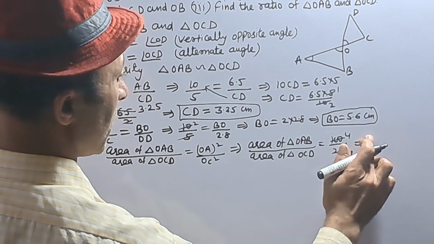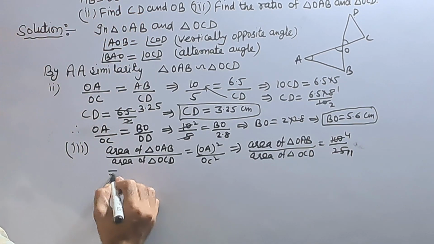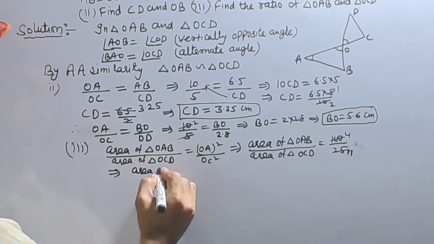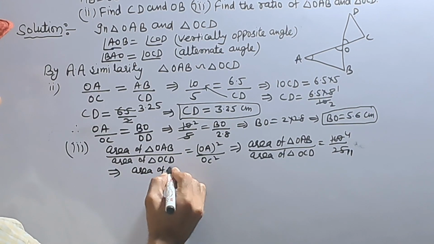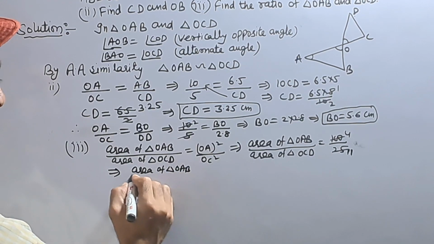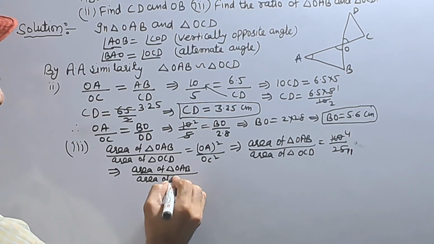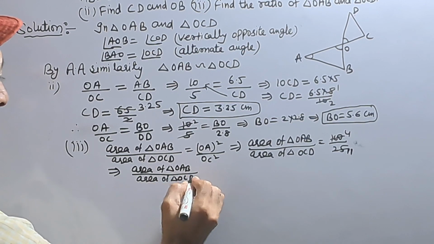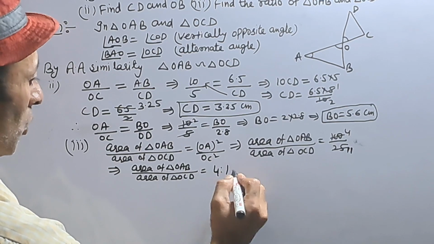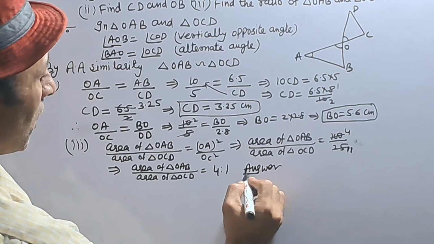So we get area of triangle OAB upon area of triangle OCD is equal to 4:1. Answer.